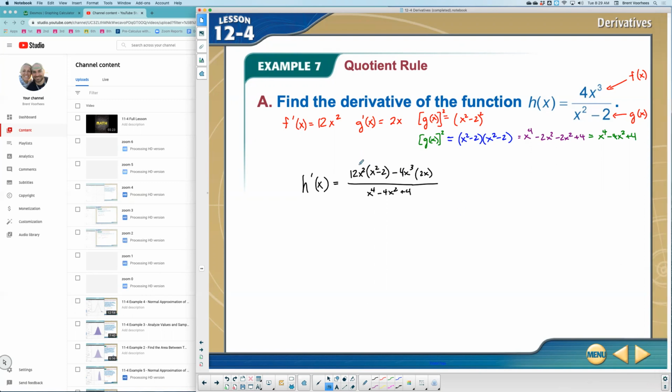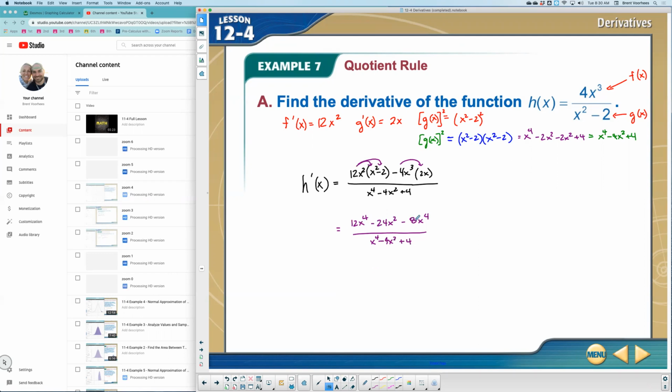Okay, now let's distribute here. We will have 12x squared times x squared is 12x to the 4th minus 24x squared when I distribute the 12x squared times the negative 2. And now I have, this is just going to be one simple multiplication. It'll be negative 8x to the 4th. Again, all of this is over x to the 4th minus 4x squared plus 4.